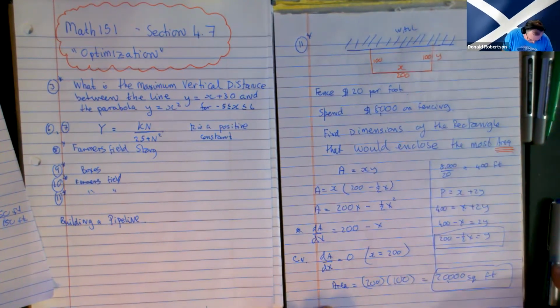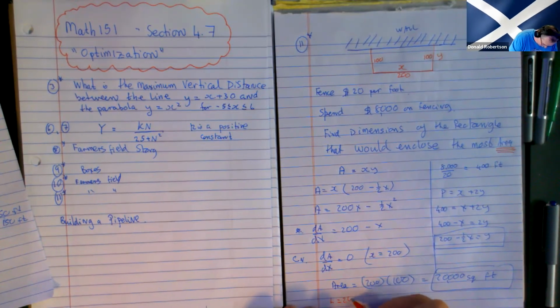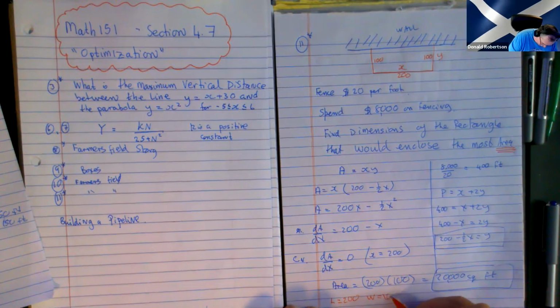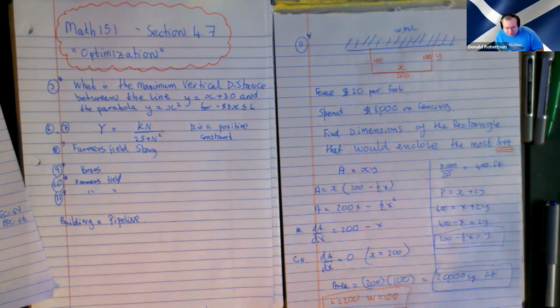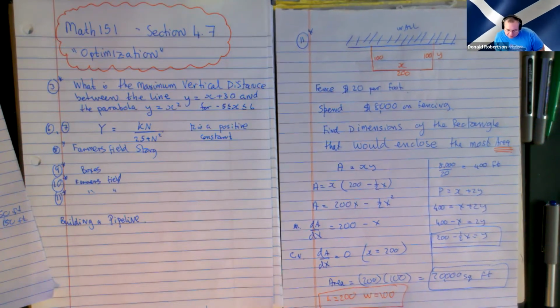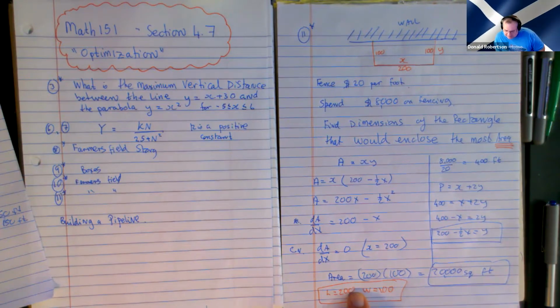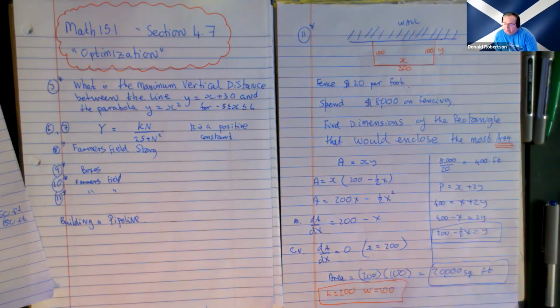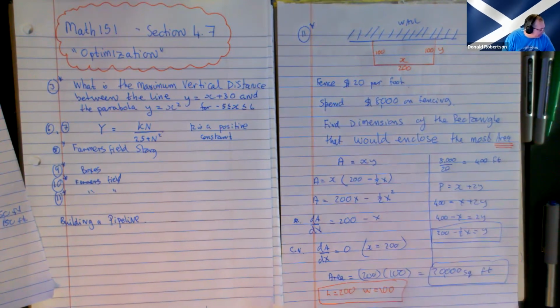So if they want the dimensions, the answer is length is 200, width is 100. If they want to know what the maximum area is, it's a single number, 20,000. If they want to know both, because sometimes they do, you tell me that, and then you tell me that. So read what's being asked, so you know, is it these two numbers, or is it that, or is it everything?